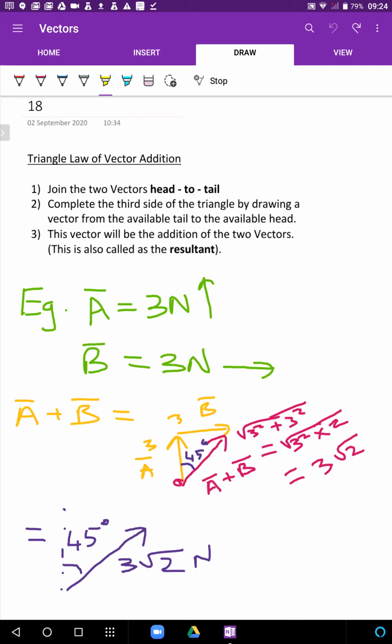Were you expecting this? An upward and rightward vector, when you club these two forces, were you expecting to see a vector go in that direction? No. Forget about the procedure. Weren't you expecting that if you push upward and push to the right, the net effect would be something like this?